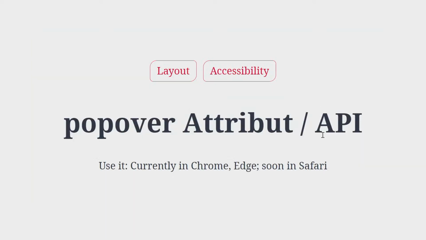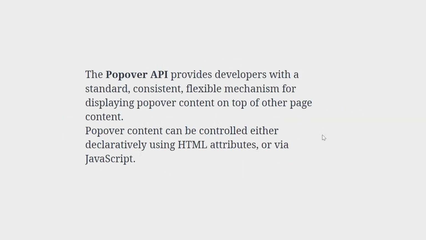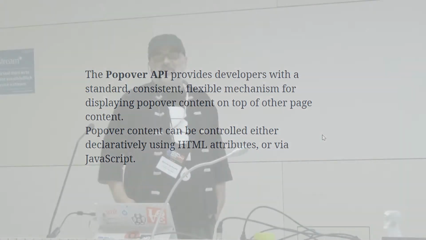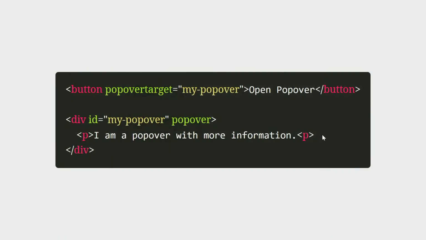Another new thing, the popover attribute or the popover API. The idea is to build a consistent and flexible mechanism for displaying popover content without people necessarily needing to write their own JavaScript. Works like this. This is a pure HTML version.